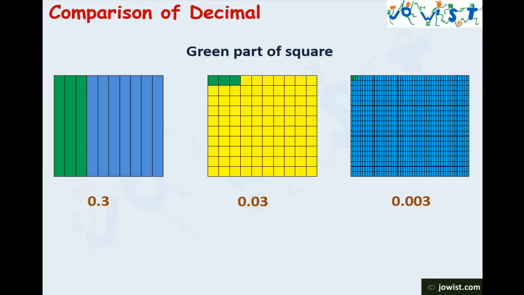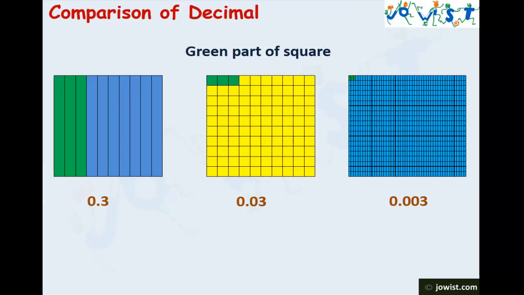Therefore, the representation of the green part in these 3 squares are 0.3, 0.03 and 0.003.